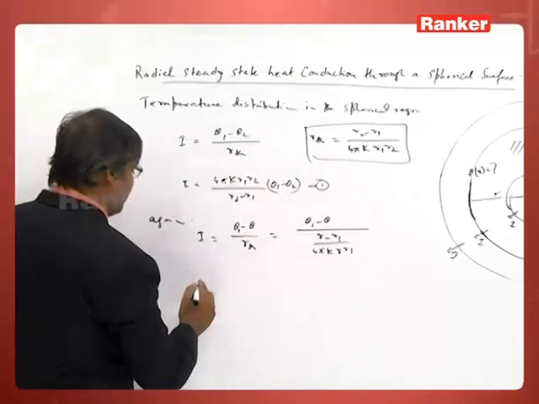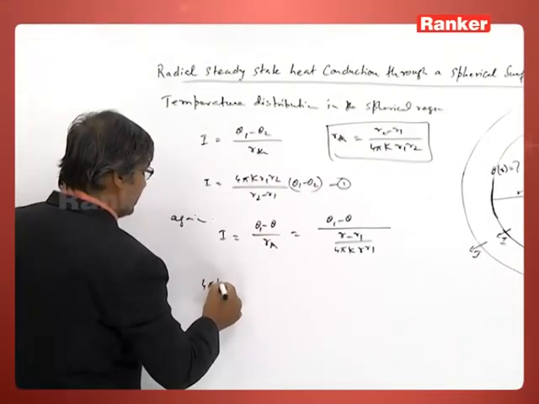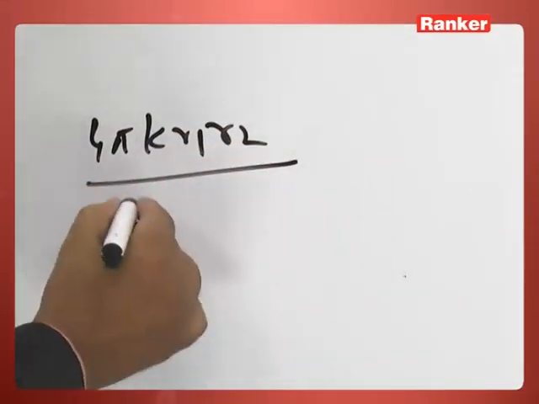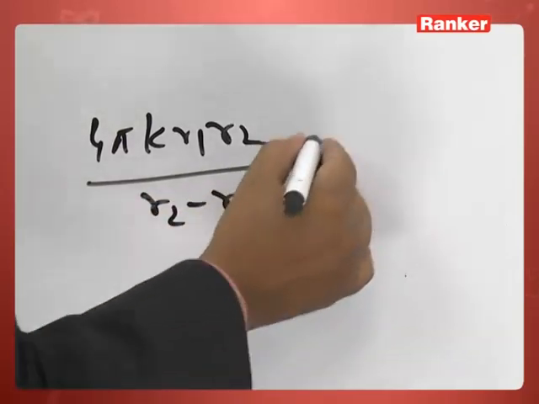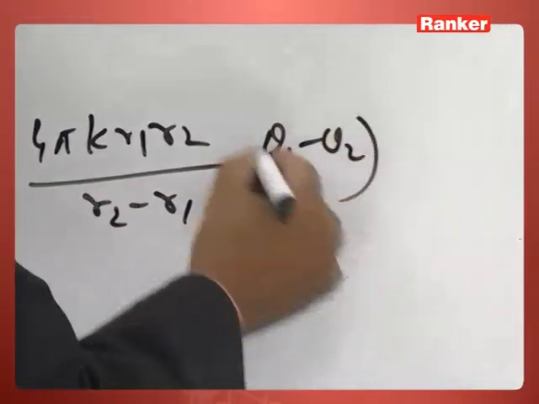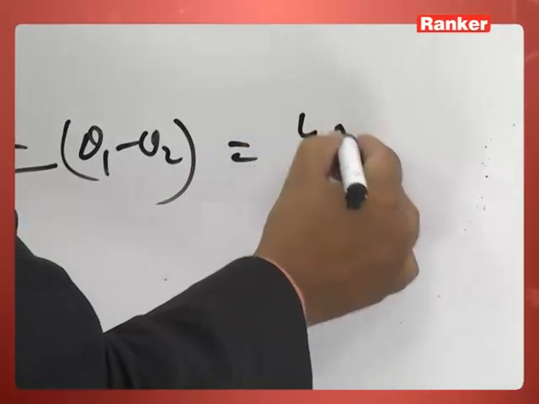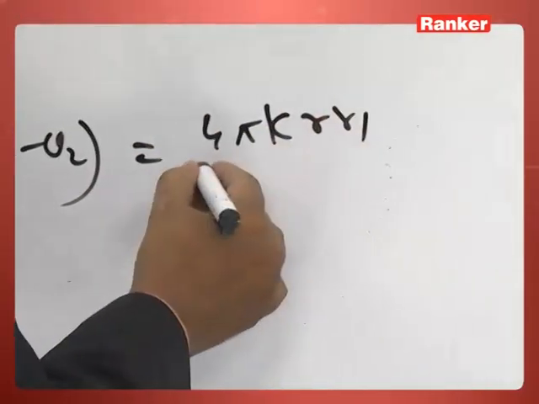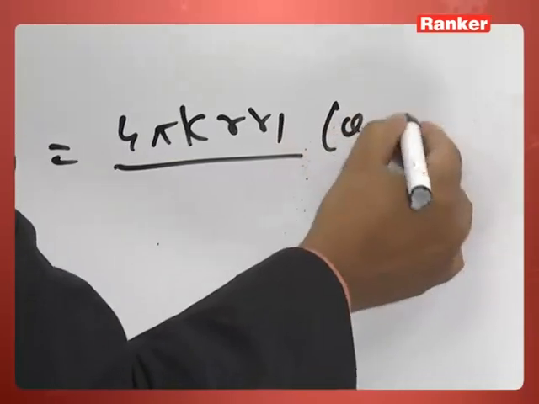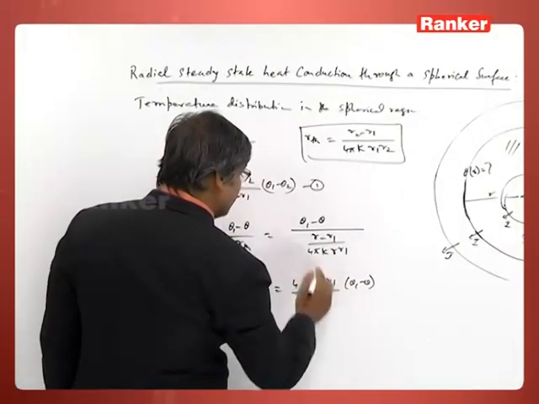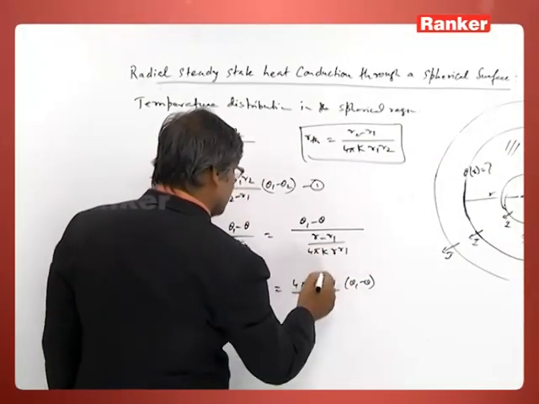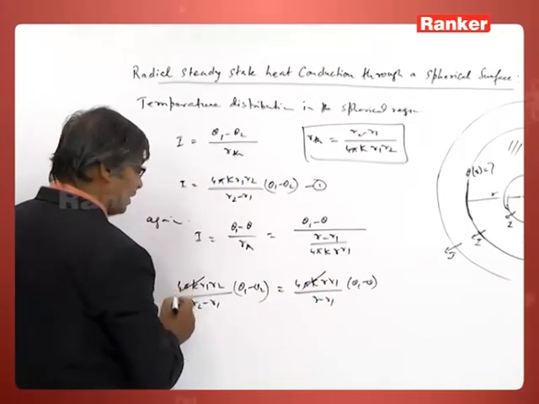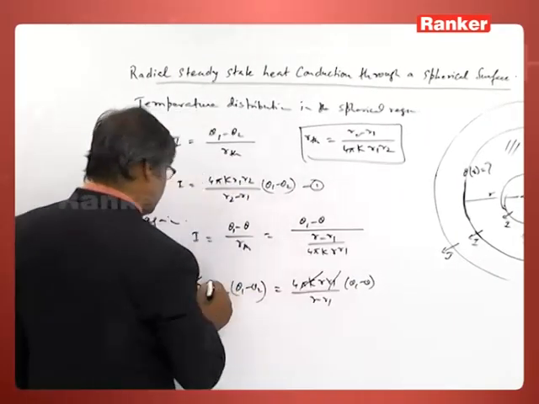So, the same I will be using: 4 pi K R1 R2 upon (R2 minus R1) times (theta 1 minus theta 2) is equal to 4 pi K R R1 (theta 1 minus theta) by (R minus R1).